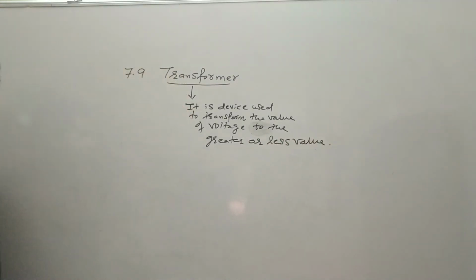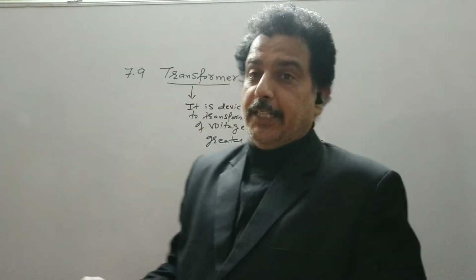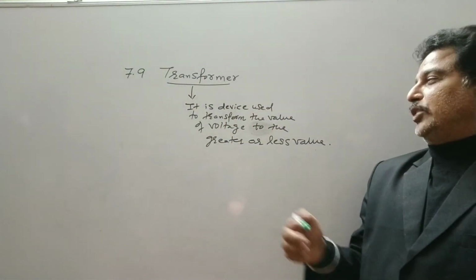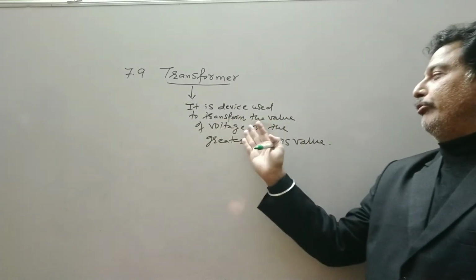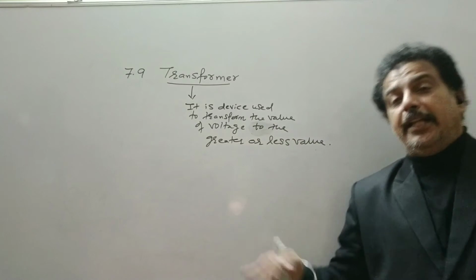So either we can increase the voltage or we can decrease the voltage with the help of a transformer. So it is a device used to transform the value of the voltage to a greater or less value.